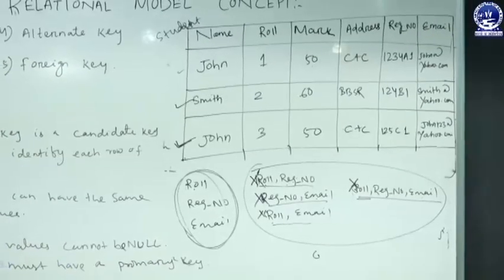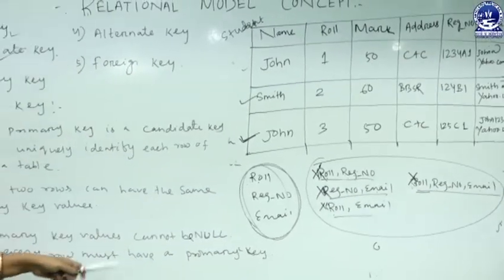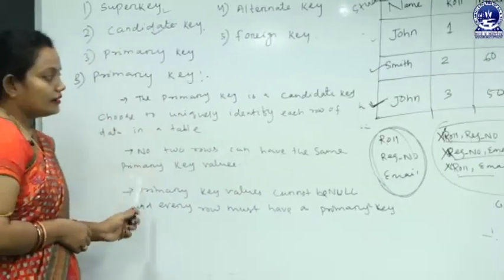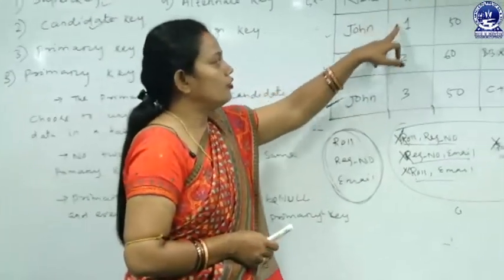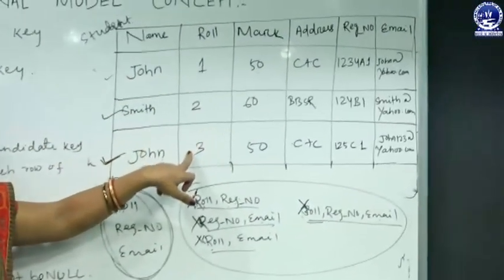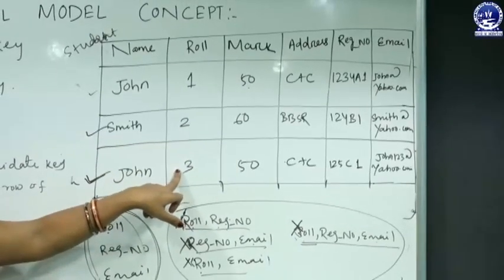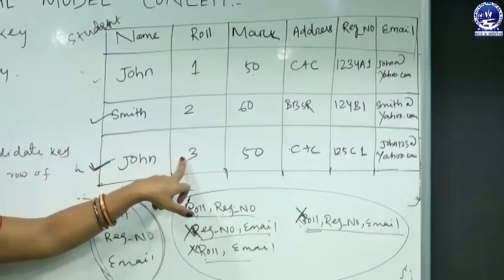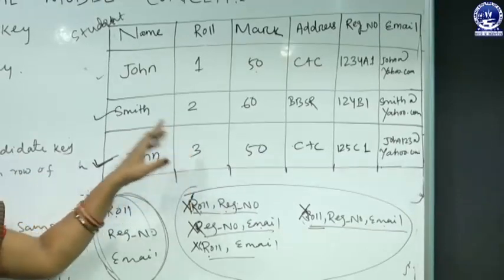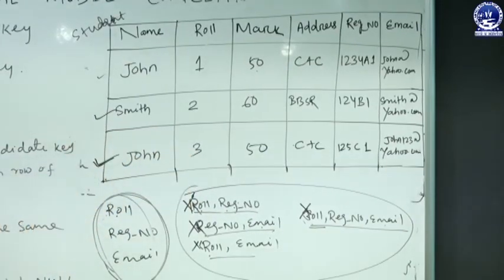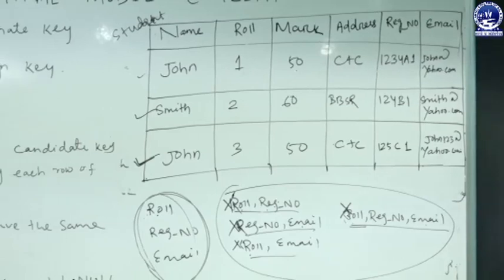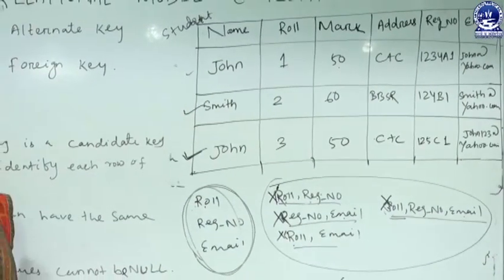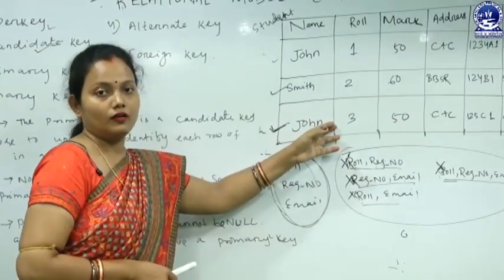So, the primary key constraint says the primary key value cannot be null. That means we cannot put the value of roll number as null. It should be not null. That means we must put a value for the roll number attribute for each and every tuple. Every row must have a primary key value. It should be not null. Okay.